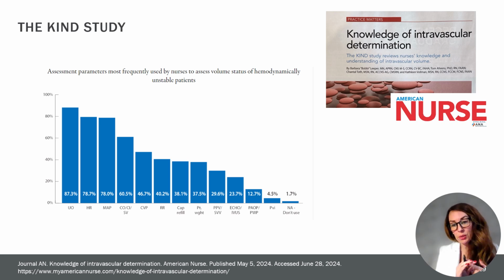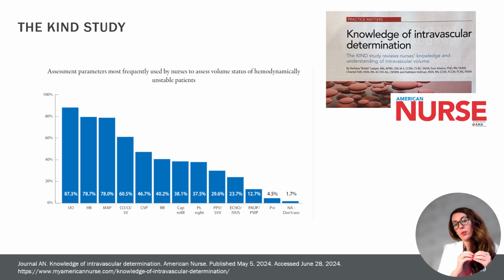So when I say hemodynamically unstable, just in case you haven't read this particular article, they're usually defining hemodynamic instability as hypotensive on a vasopressor. Maybe they're tachycardic in some kind of a wicked AFib, maybe with RVR. They're with blood pressure changes. So urine output actually is the first thing that we're looking at.